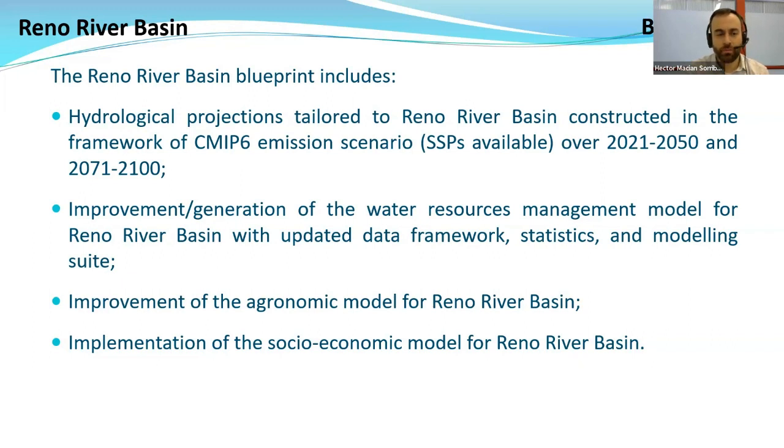And 2 points of improvement: improving the agronomic modeling for the Reno River Basin to take into account the changes in the crop needs and also the crop productions, and also implementation of a socioeconomic model for the Reno River Basin in order to take into account the economic trends and economic variables and how they interact with water management, something that is also repeated in the rest of the living labs.